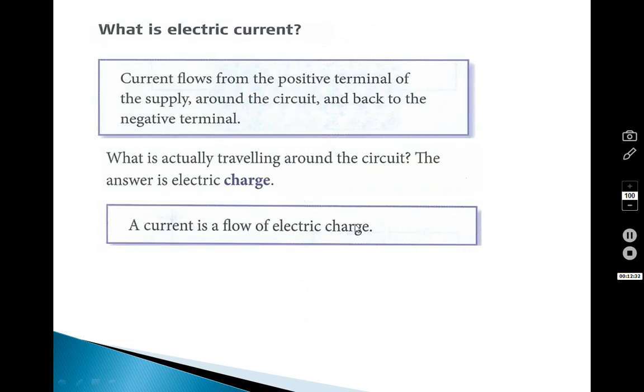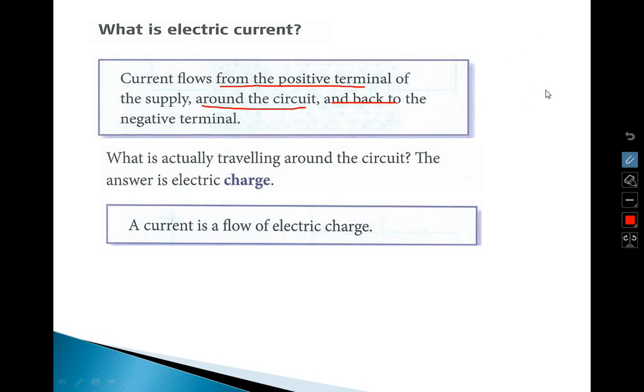Okay, now we'll move to what is electric current. So what's the electric current? Actually, as we said in the last few slides, current flows from where? From the positive terminal of the supply or the battery, and back to the negative part.